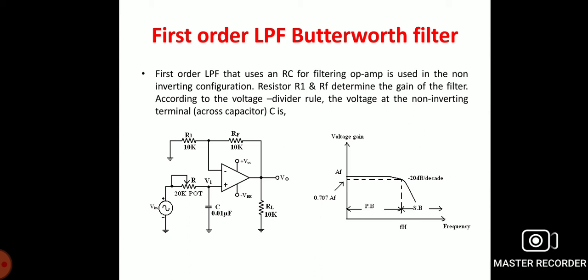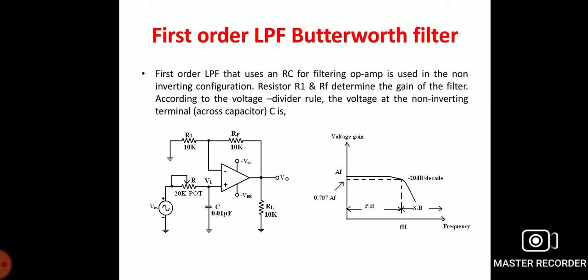The pass band voltage gain of the second order filter is 1 plus RF divided by R1, which has to be 1.586, so the feedback resistance equals 0.586 R1. Hence choose the value of R1 and calculate the value of the feedback resistance.